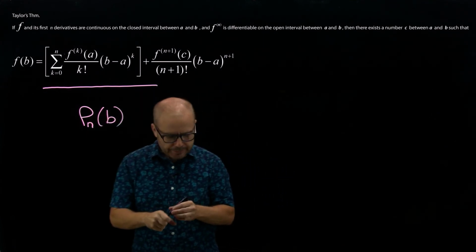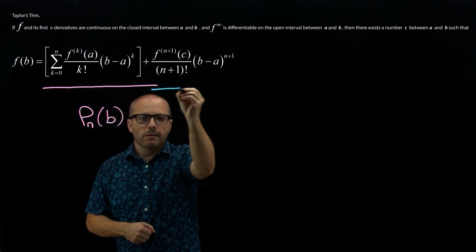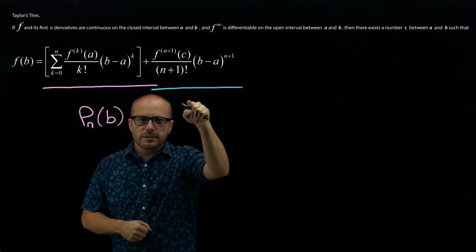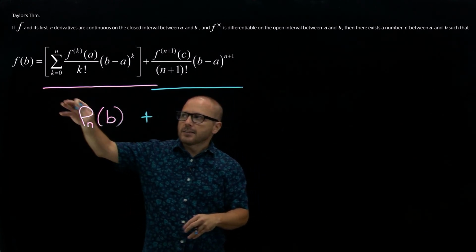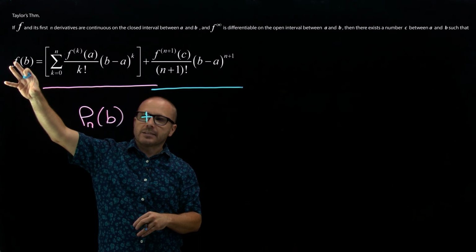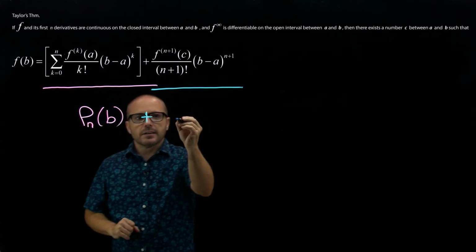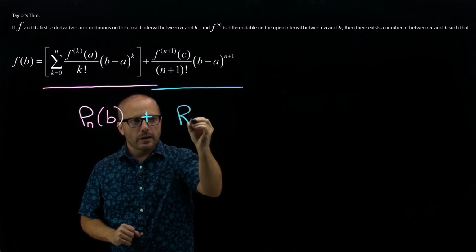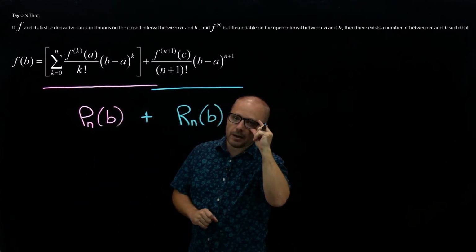And then this second bit over here, this is the key part that's being added on here. It's saying that the actual value, the value that we'd really like to know, the exact value of the function, is the polynomial plus a little bit. So you can think of this as the error term. We're going to use a big R for remainder like we've done in the past.